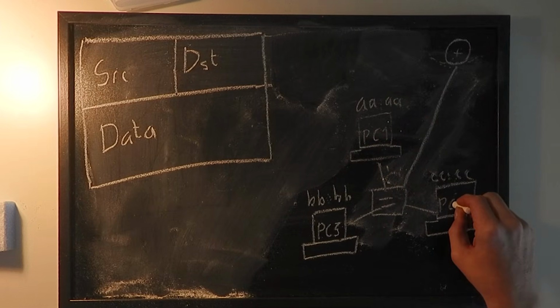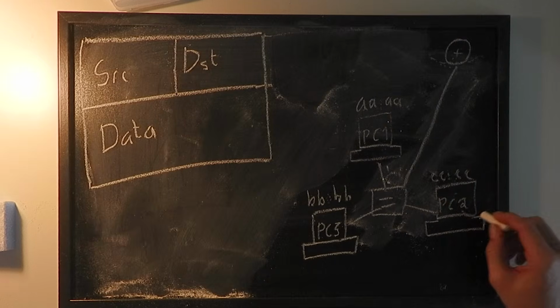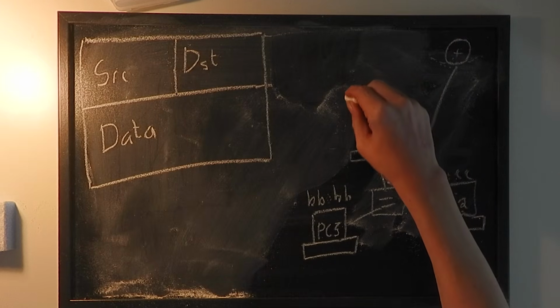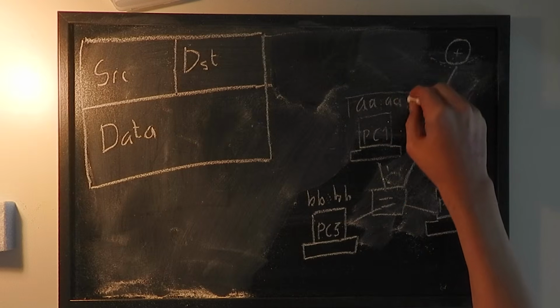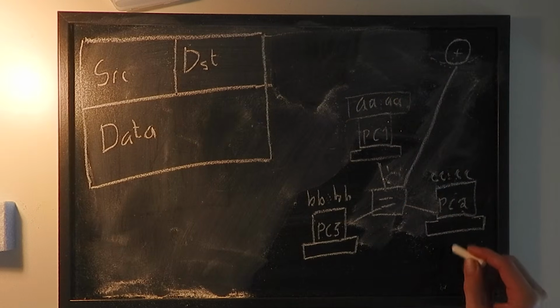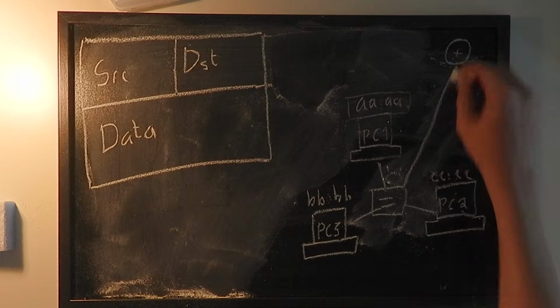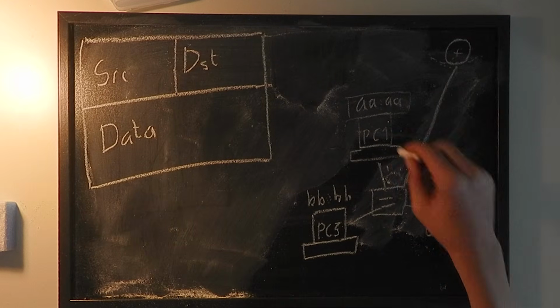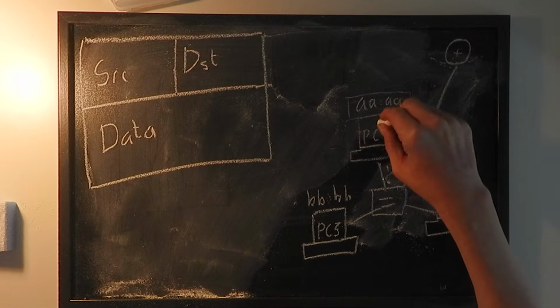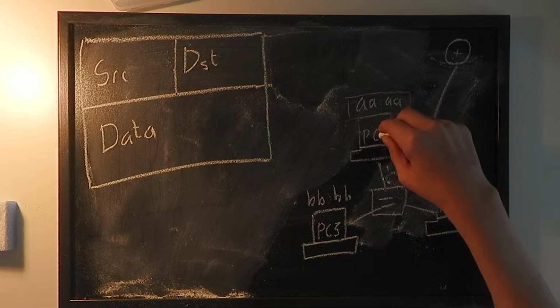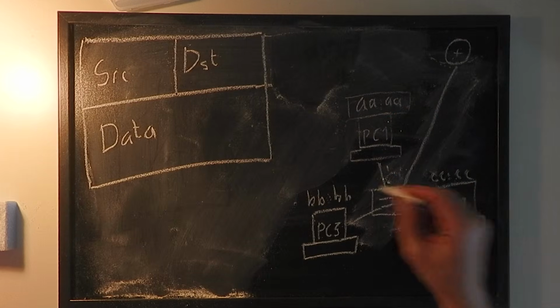We need to take one thing into account, and that is that PC1 knows its own MAC address, but it does not know anyone else's, not PC2, not PC3, not the router. And let's say these two have not communicated previously. So let's say PC1 wants to say hello to PC2.